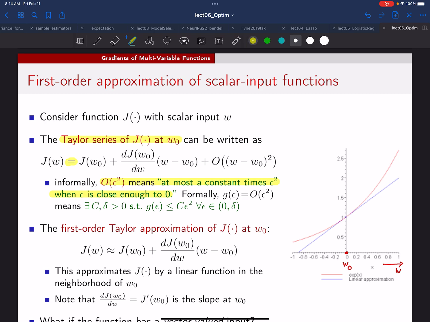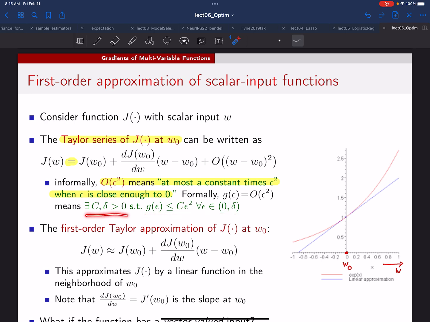And there's a more technical definition. If you've taken a real analysis course, then this will be familiar, epsilon-delta kind of notation. There exist positive constants c and delta such that the function of epsilon is always less than or equal to c times epsilon squared for all epsilon between 0 and delta.